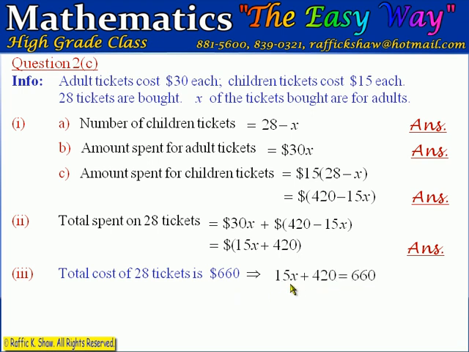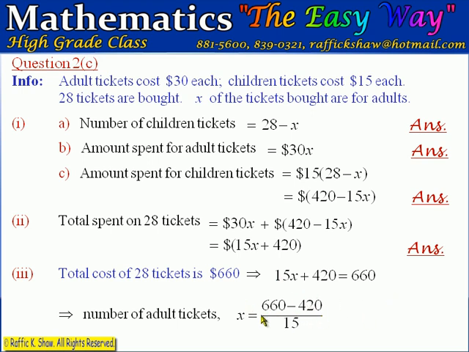So we need now to just solve this equation for X, and the number of adult tickets, which is X, is therefore given by 660 minus 420 divided by 15. Take the 420 on this side and subtract it, and then divide by the 15. Subtract the 420 first and then divide by the 15.